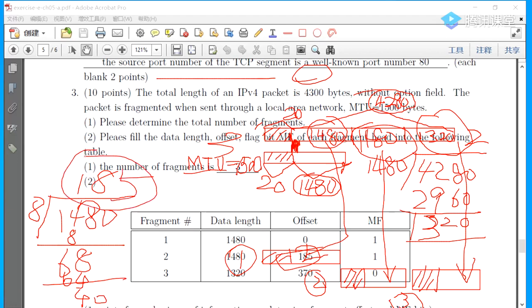We can get 185. The third one is 2 times 185. So the MF, if it is not the last fragment, MF is set to 1. If it is the last segment, MF is set to 0. Do you understand? Okay.